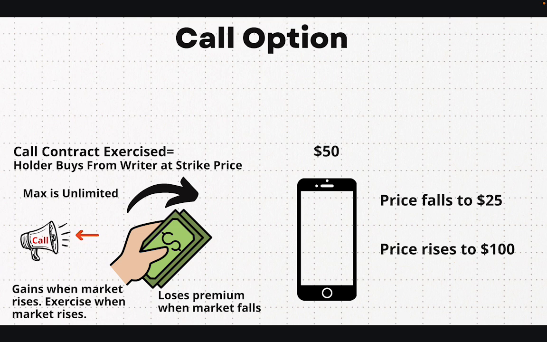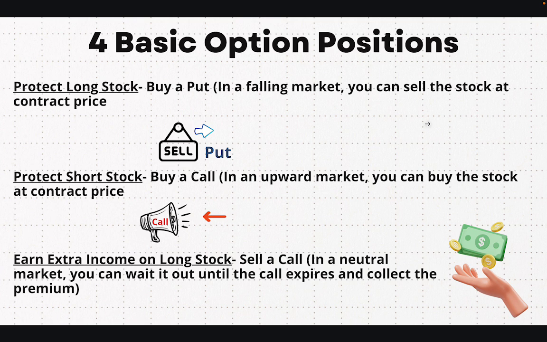If we have a $50 phone and the price falls to 25, are we going to want to sell it for 50? Of course not. But if it rises to 100 and we can buy it for 50, cool. We're going to do that. Make sense? Those are our call options.